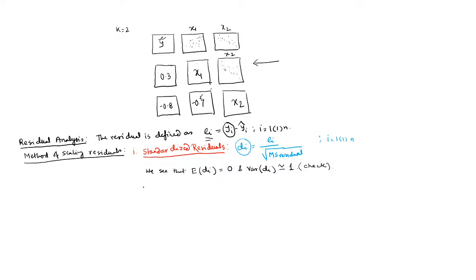So for large n, we know if Zi lies between -3 and +3, then there is no outlier. If the Z score is greater than 3 or less than -3, we can say that this indicates there is an outlier. We know this thing. Okay, there is another technique of checking outliers.